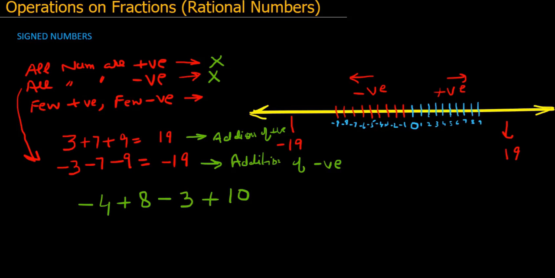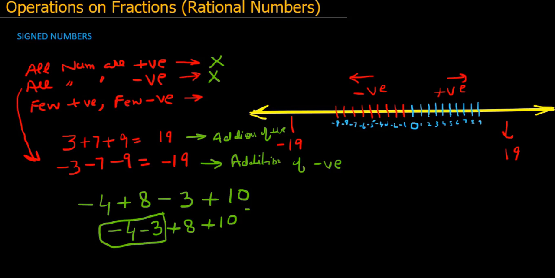So the first step, although not necessary, but for simplification and for ease, you can do this. What you do first, put all negative numbers together. Minus 4, minus 3, plus 8, plus 10. And now what do you do? You add all negative numbers together, just like you did here in case 2.